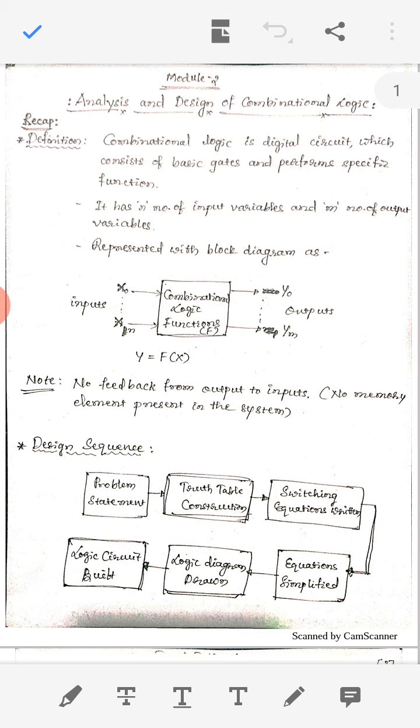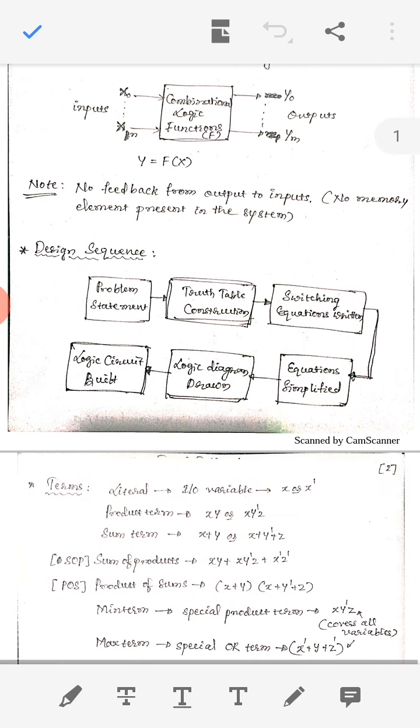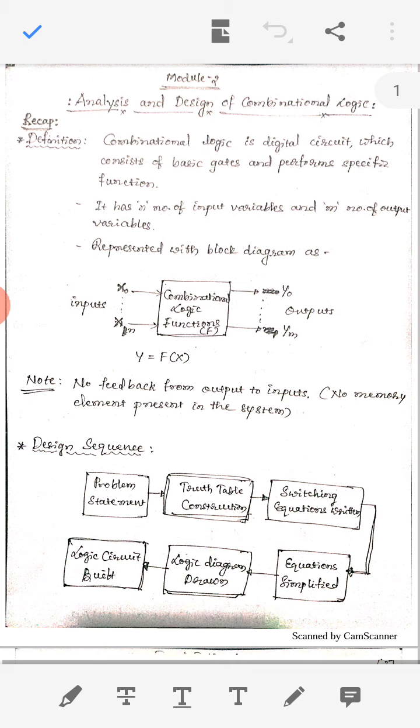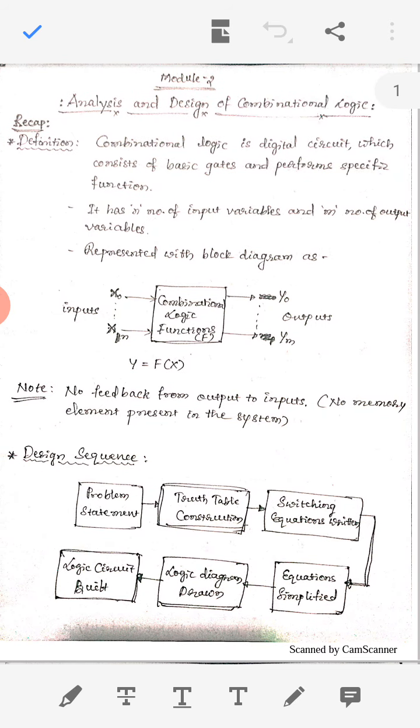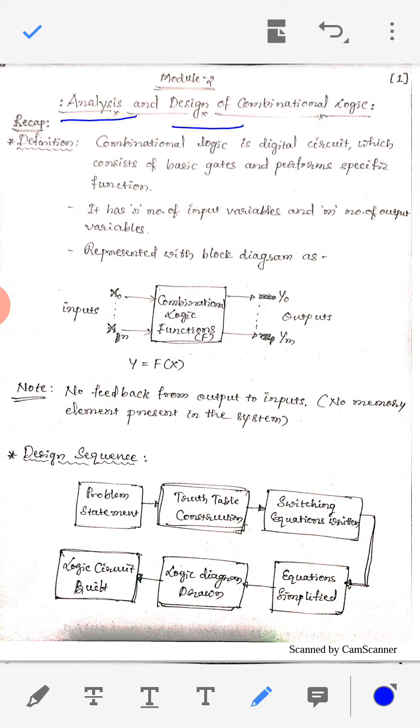We are explaining all this because the module is the analysis and design of combinational circuits. We need to know how to design the combinational circuit first, then we can analyze.